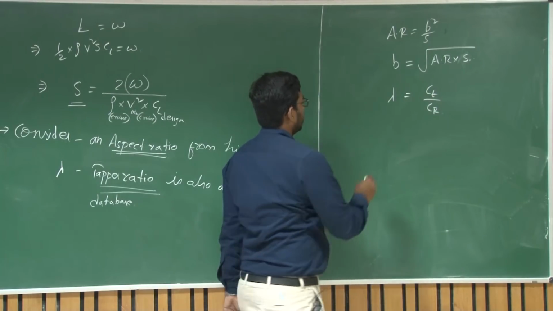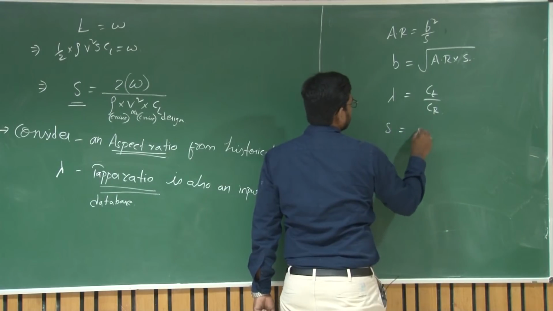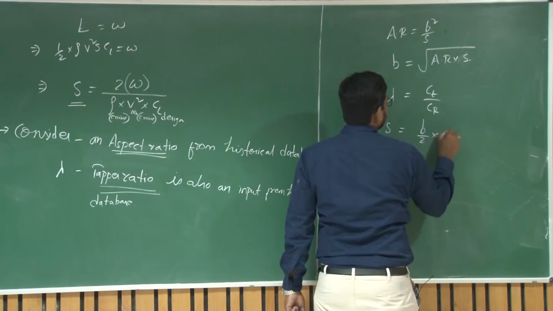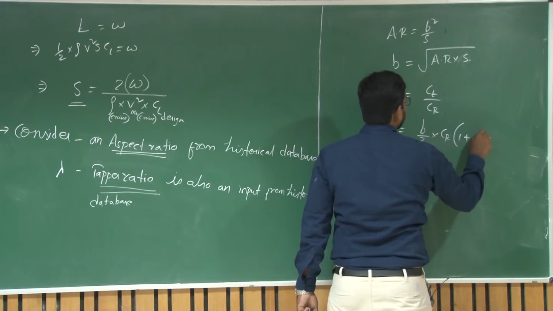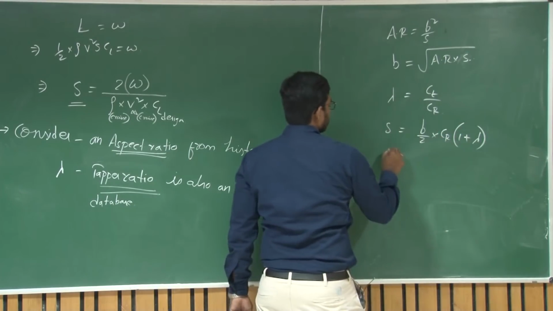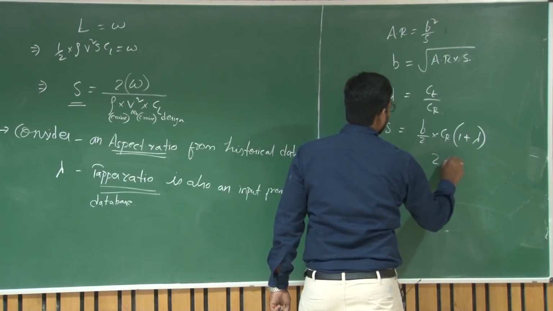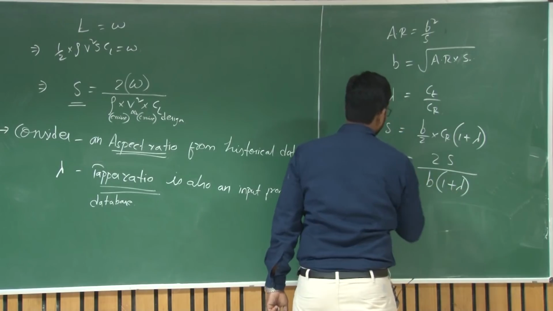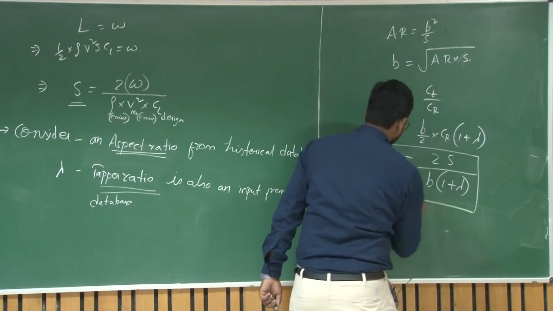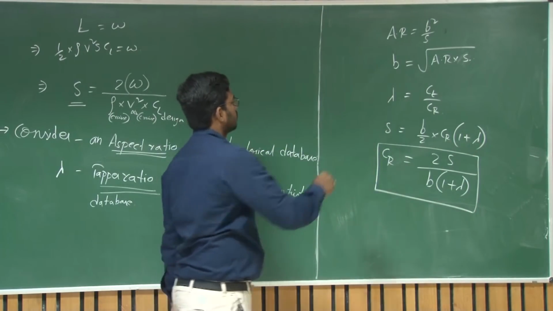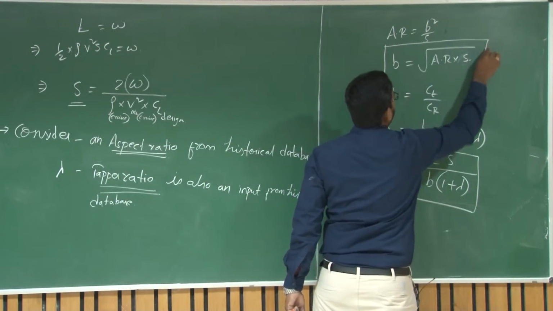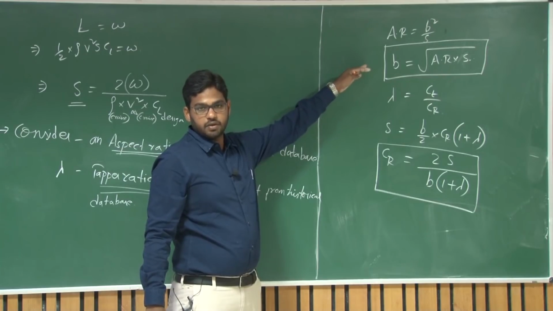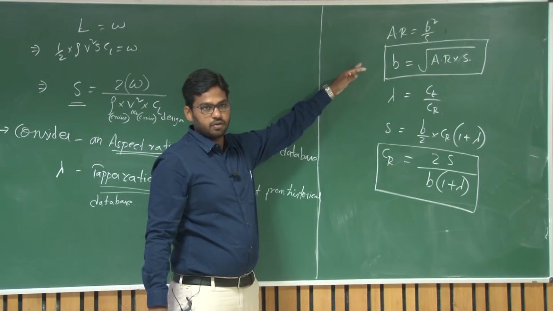And what is the planform area as a function of lambda and span? b by 2 into Cr into 1 plus lambda. So what you have is Cr equals twice the planform area divided by span into 1 plus lambda. You will be able to have an initial estimate of the span of the wing.